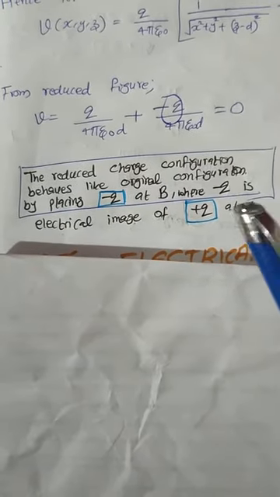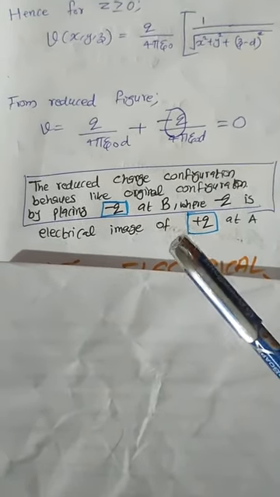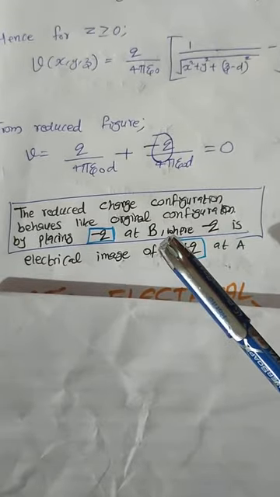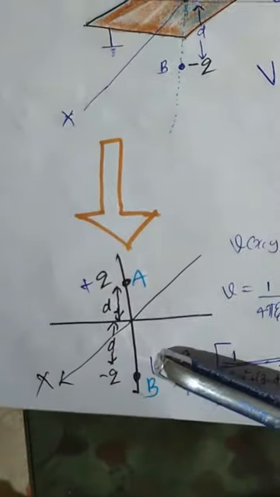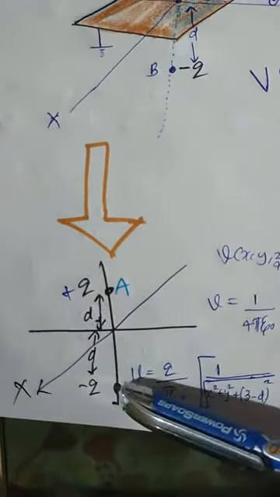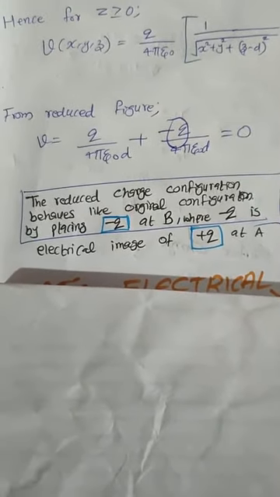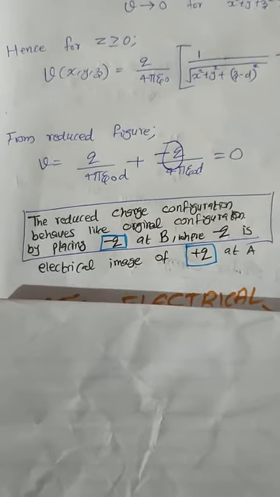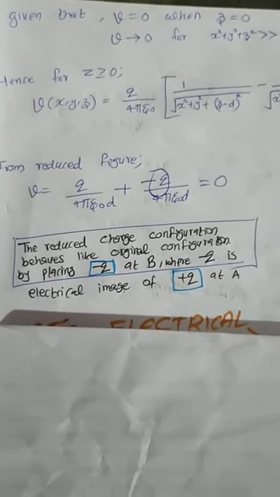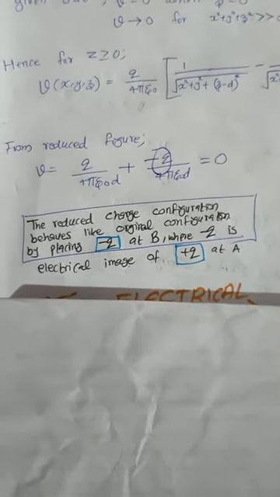So what it says is that by placing minus q at a distance d below this charge configuration, below this plane sheet, we can treat the problem that we have encountered.